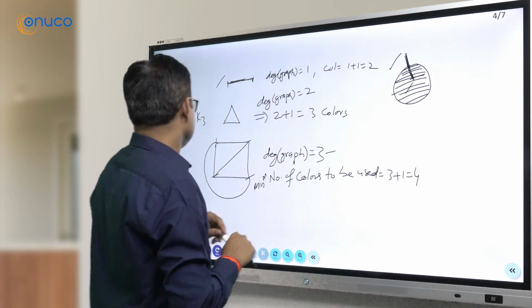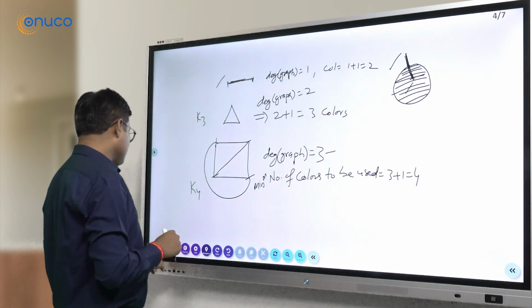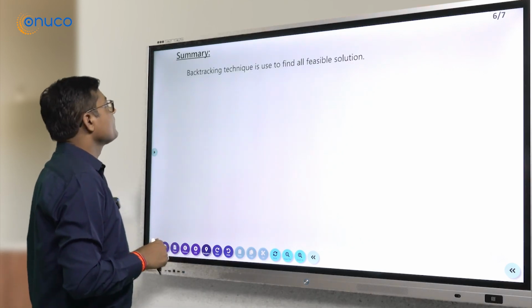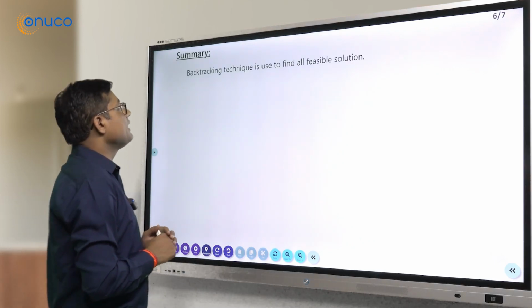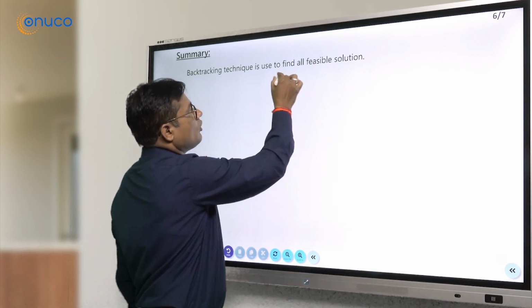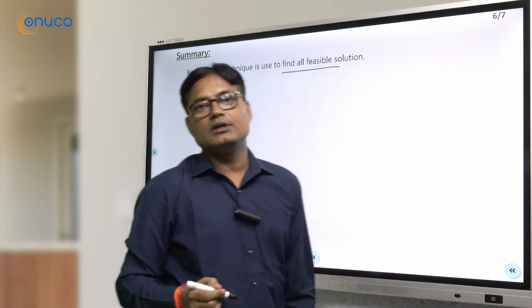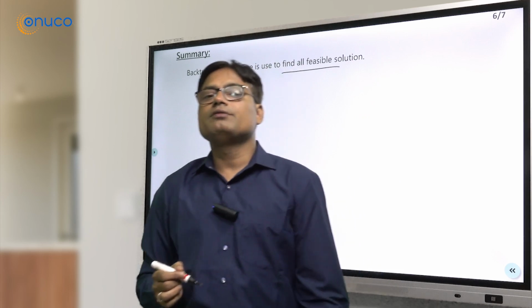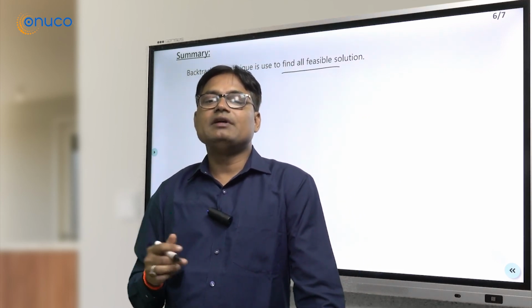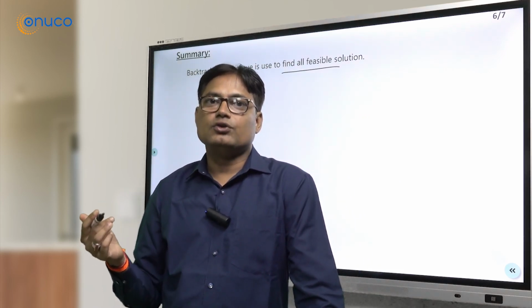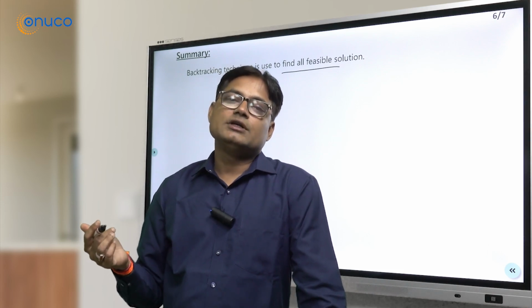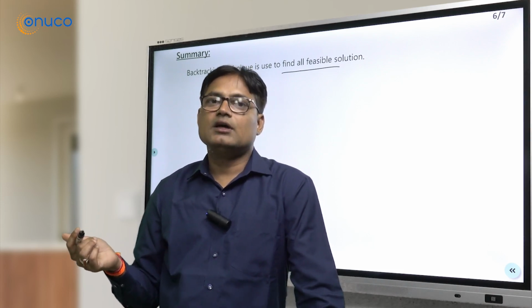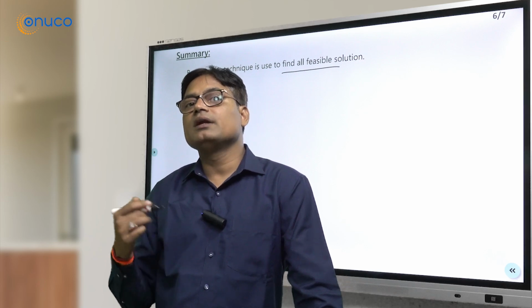Okay, so this is all about graph coloring problems. Remember that you use the backtracking concept to find all feasible solutions. It depends on the given graph scenario. We have to find how many different ways we can color the graph. Based on the given possibilities and number of colors, there will be different ways of coloring the graph.